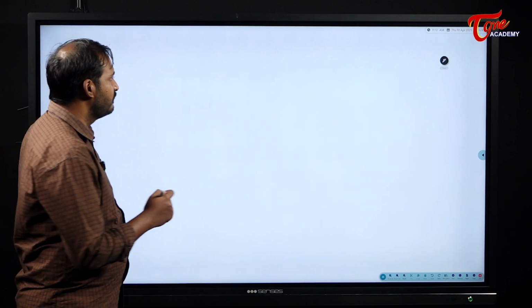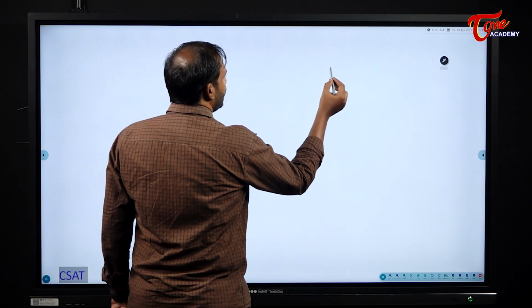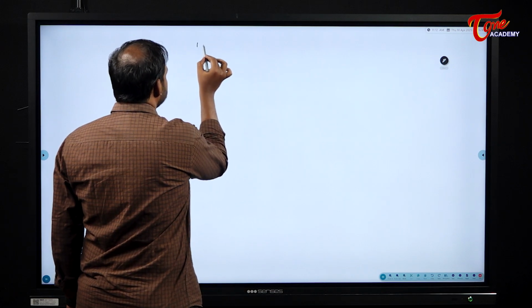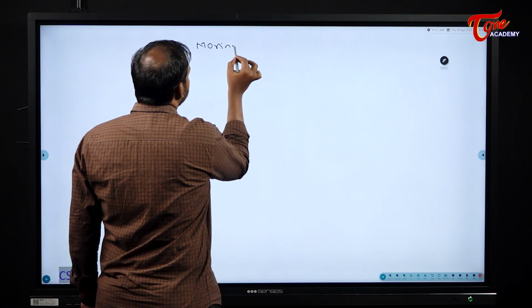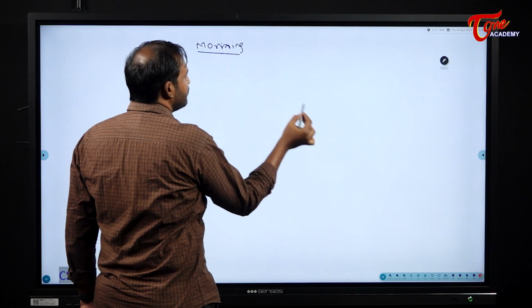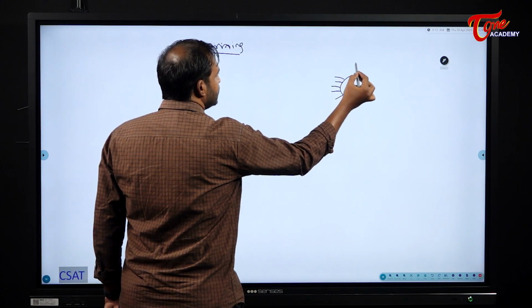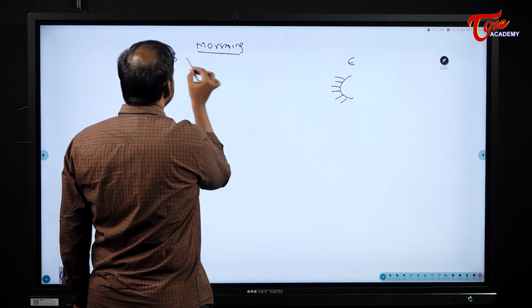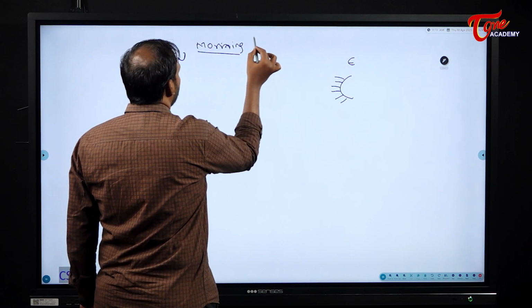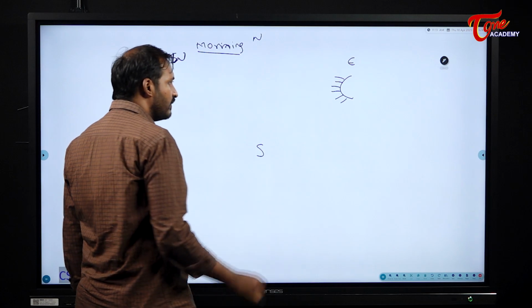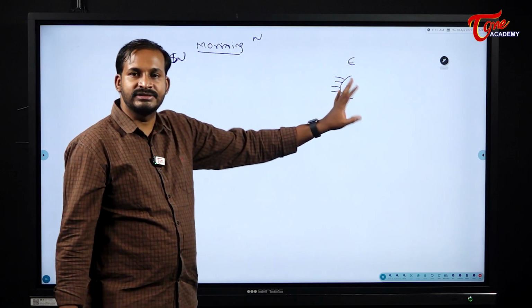Now we will see what will happen in that case. In the morning hours, where will the sun be? The sun will be in the eastward direction. This is east, we know this is west, north and south. In the morning hours, the sun will be in the eastward direction.